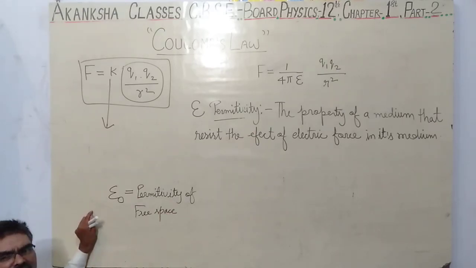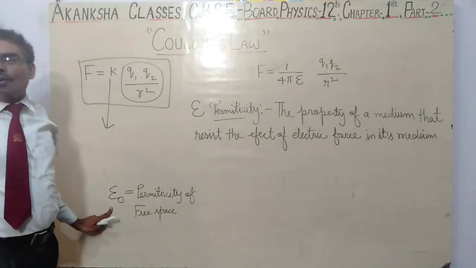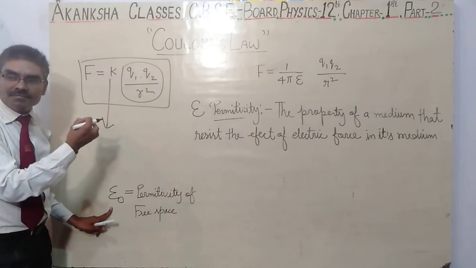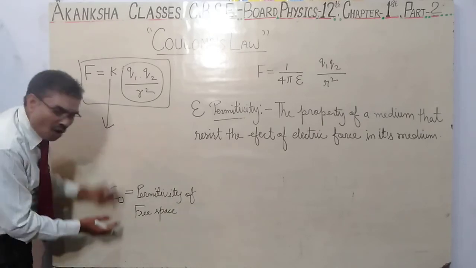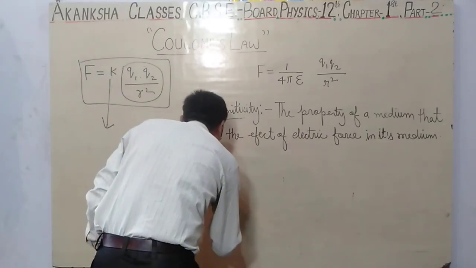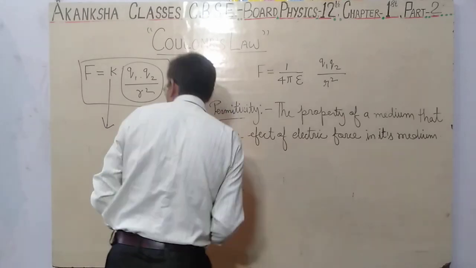That is the lowest permittivity, because everywhere except vacuum where you go, the permittivity will keep on increasing. This is the lowest permittivity, having value 8.85 into 10 power 12. Understood completely?